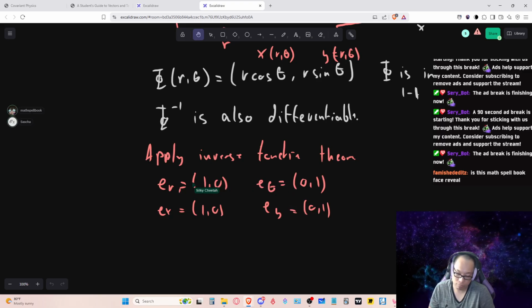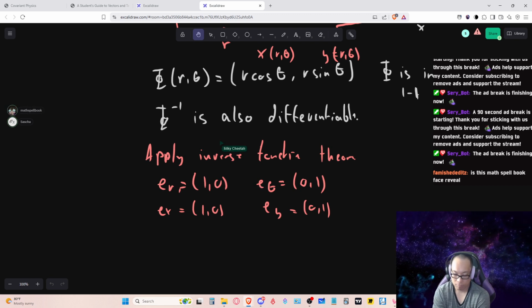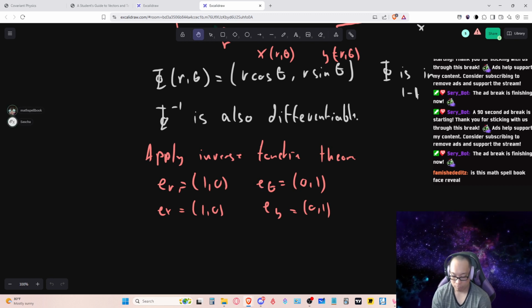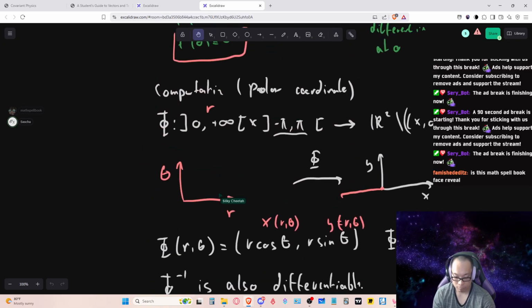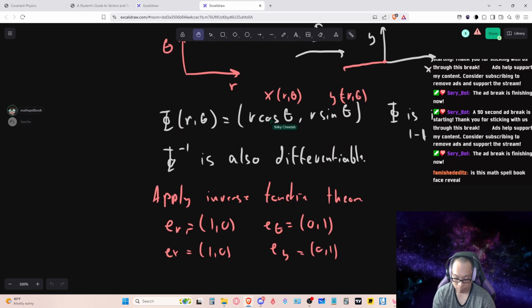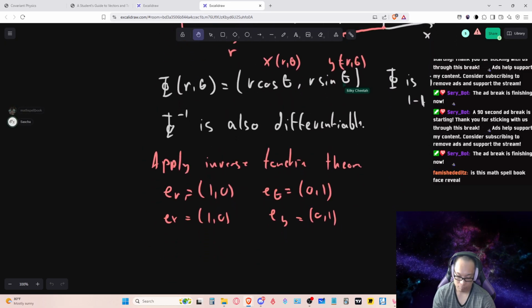Just to be sure, those are bases for a vector space, right? Polar coordinates is just a map from a plane to a plane, the map is defined like that. But at the end of the day, we're just mapping a plane to a plane, and we can take a basis of the vector space.